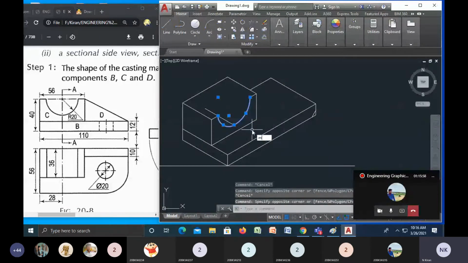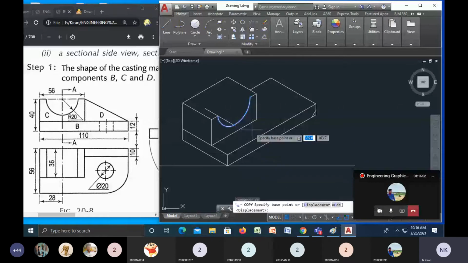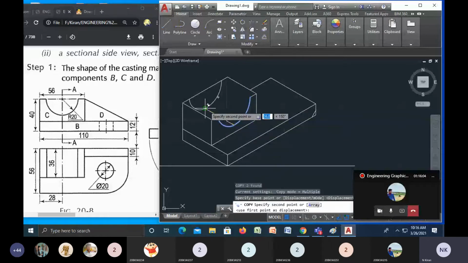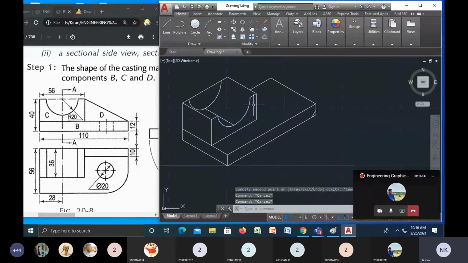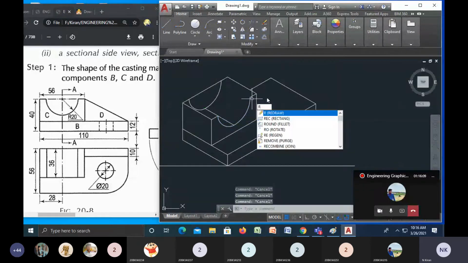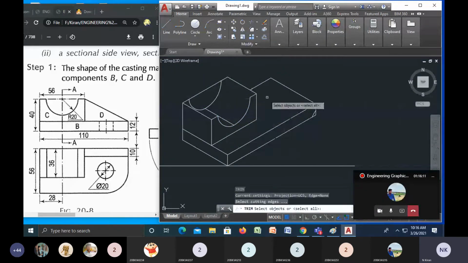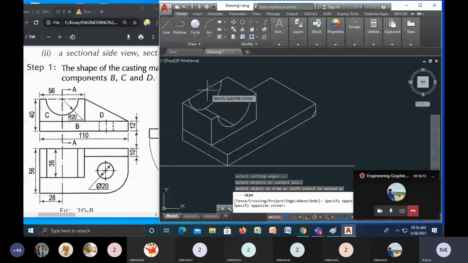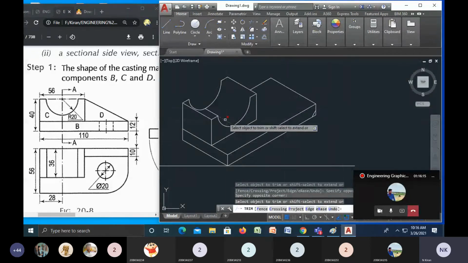Okay. I mean CO enter. I should press CO enter, and from this point I will join here also. Okay. TR double enter. Right. I will delete this one.